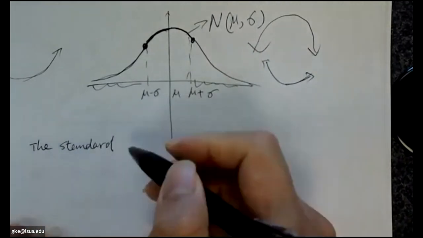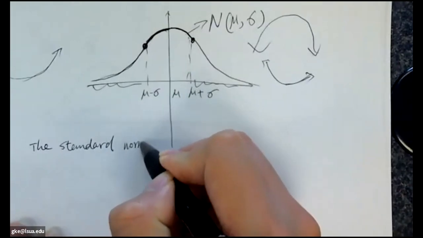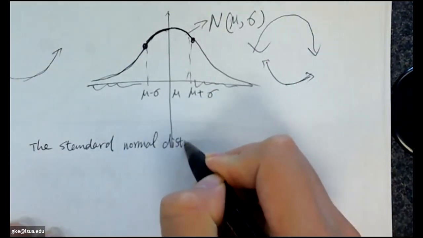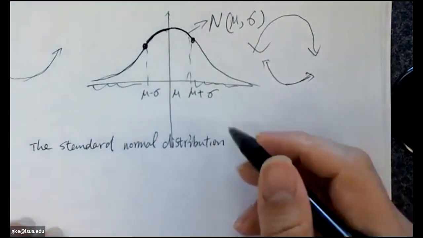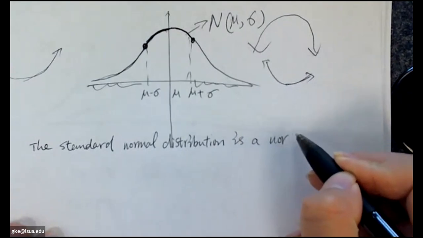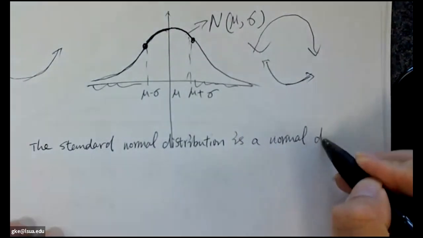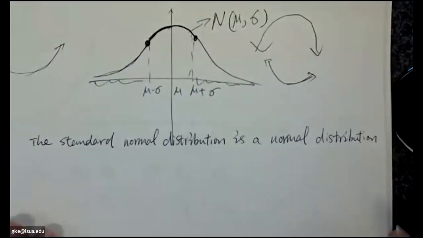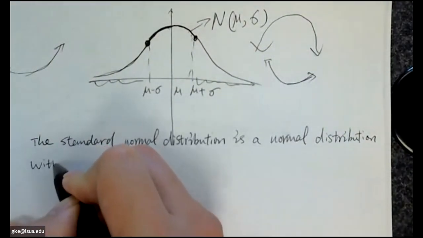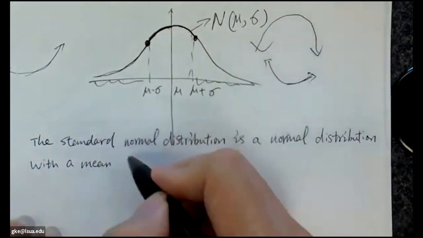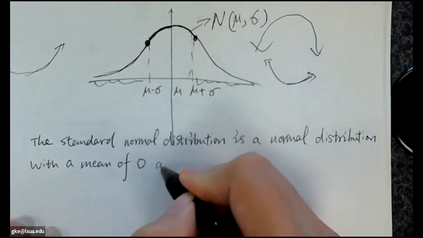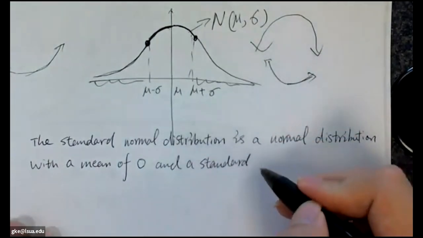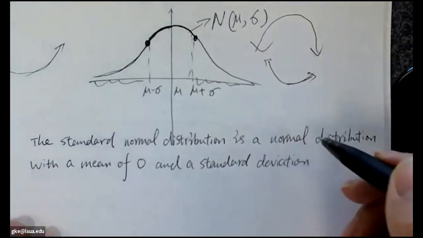The standard normal distribution is a distribution with a mean of 0 and a standard deviation of 1.